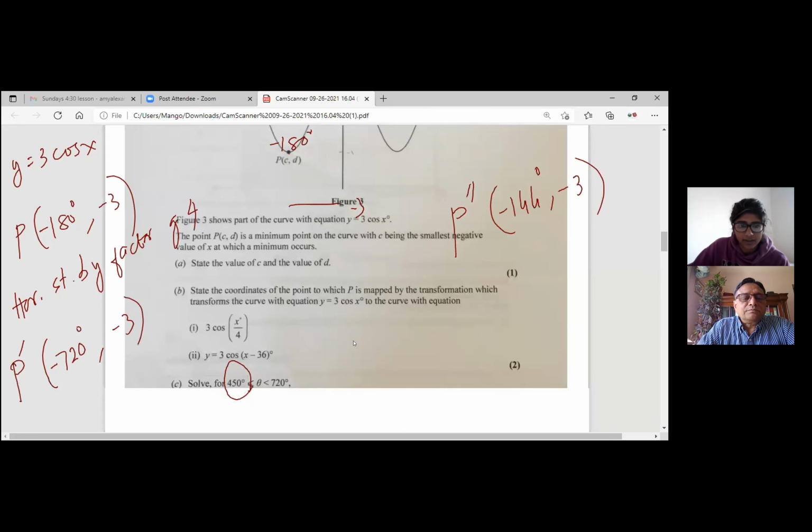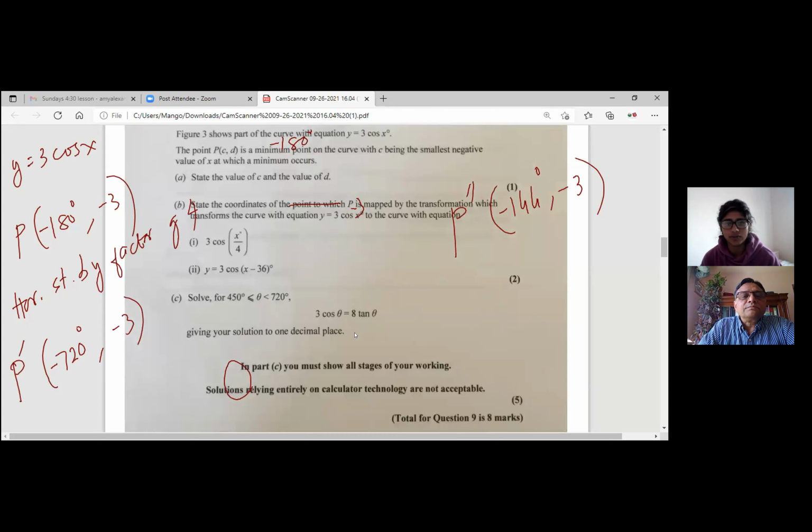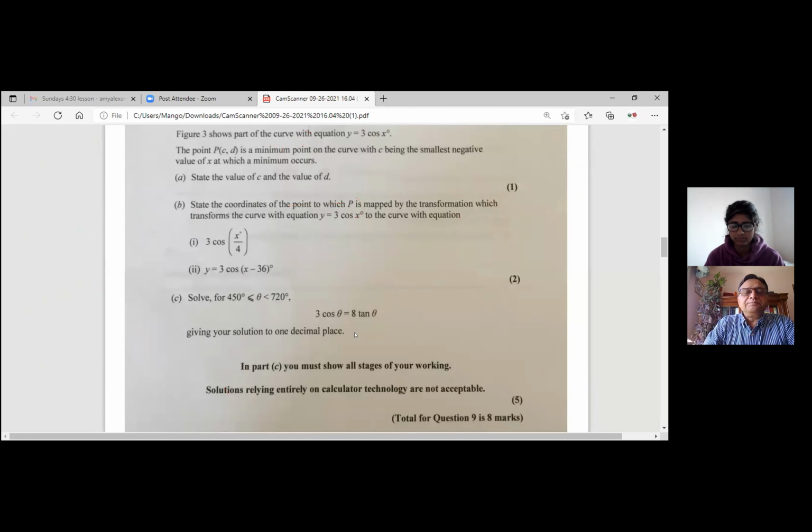So part C now. Solve for theta, which is between 450 degrees and 720 degrees, where 3 cos theta equals 8 tan theta, giving your solution to 1 decimal place. Correct. So this is an independent equation. Let's erase what we did earlier, correct? Yeah.